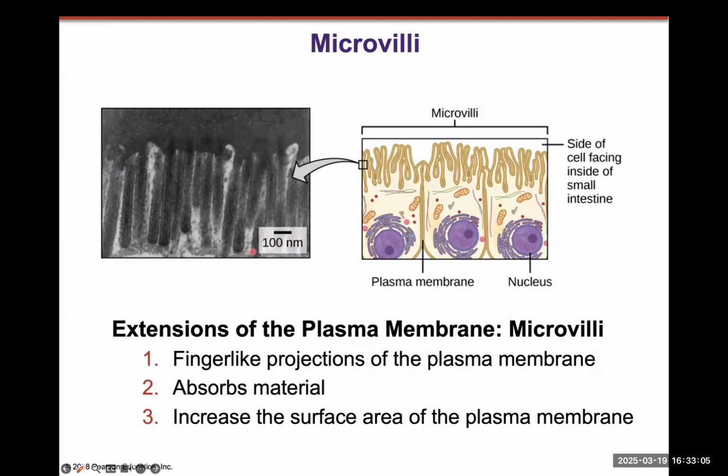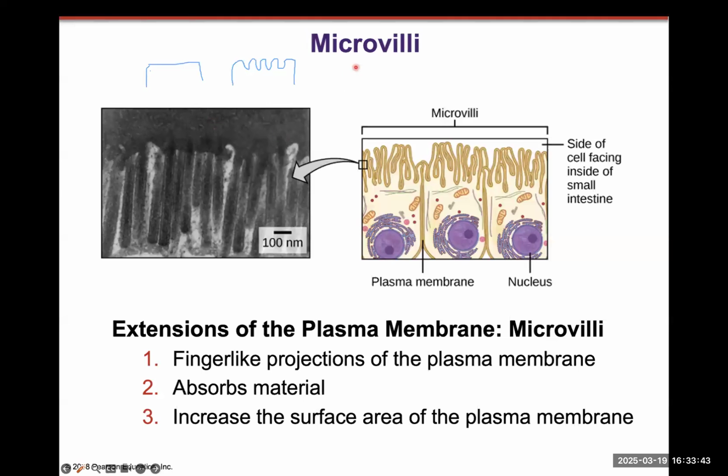Okay, so the cell membrane is not always going to be flat. And so you have some modifications to the cell membrane as well. So this is a flat cell membrane, but if you go ahead and give it some extra surface area like this, these are called microvilli.